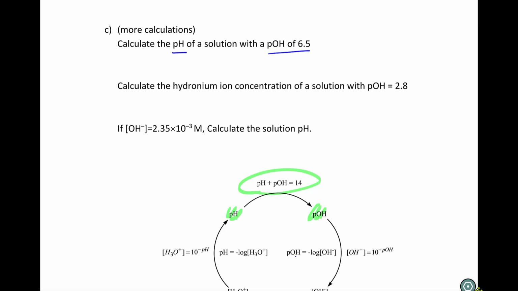Now I want the pH, so pH is equal to 14 minus pOH. I rearrange that equation, so I have 14.00 minus 6.5, and that becomes 7.5. So that would be the pH of that solution.